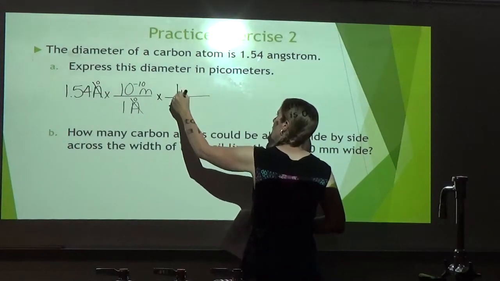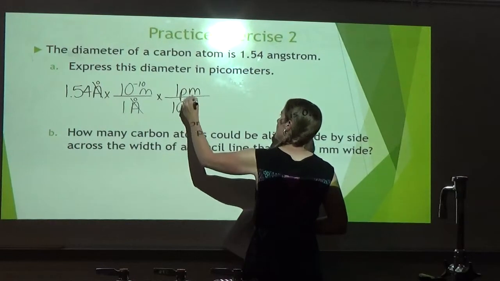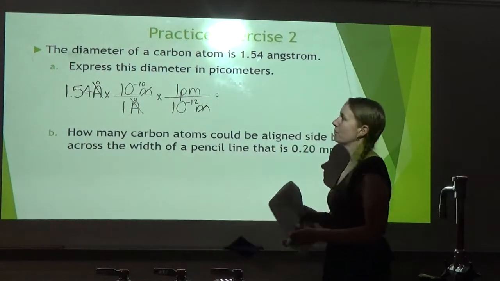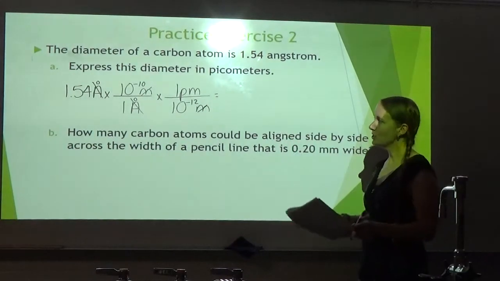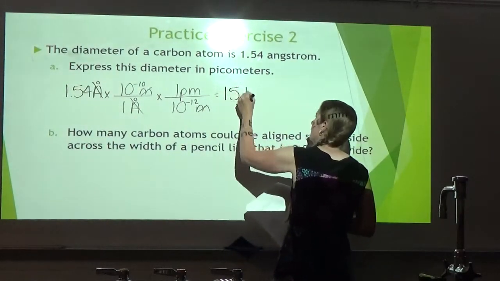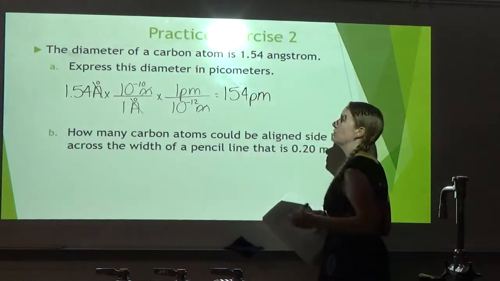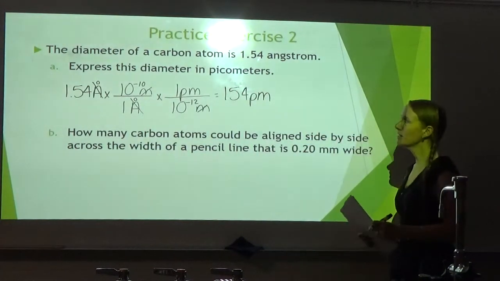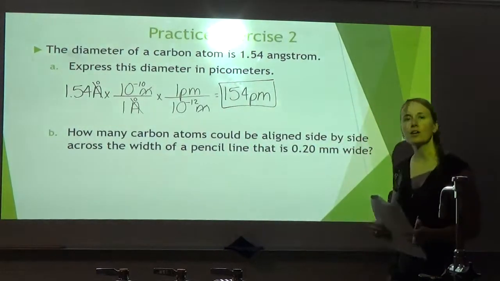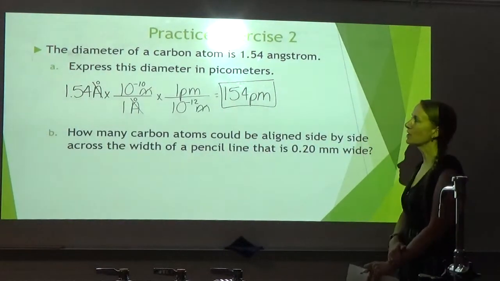Then I know 1 picometer is 10 to the negative 12 meters. So my meters cancel. Then all I do is multiply and divide. When I did that, I got 154 picometers. Just like that. That's all I had to do. Super easy.